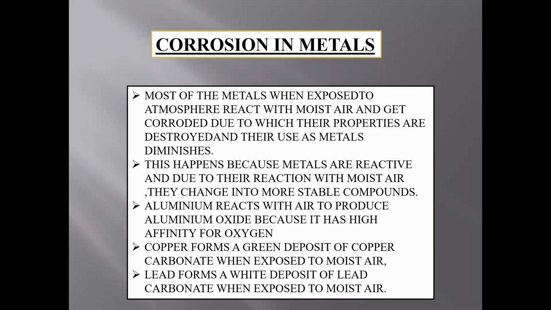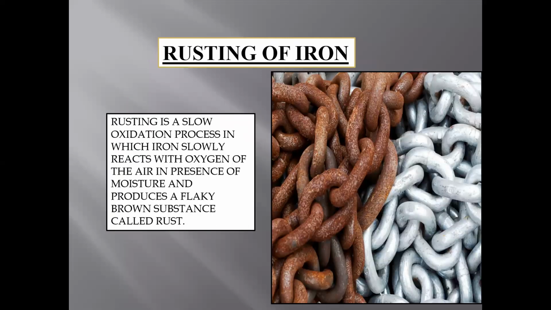Now, these are some of the examples which I have cited so that you can understand the meaning of corrosion. Corrosion means the formation of a new compound of a metal when exposed to air, and as a result the substance which is made from these metals for our utility gets diminished. One such example of corrosion of metal is rusting of iron.